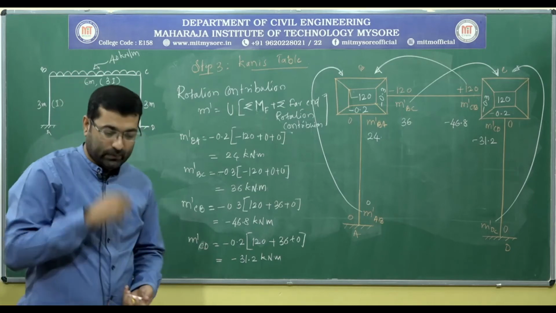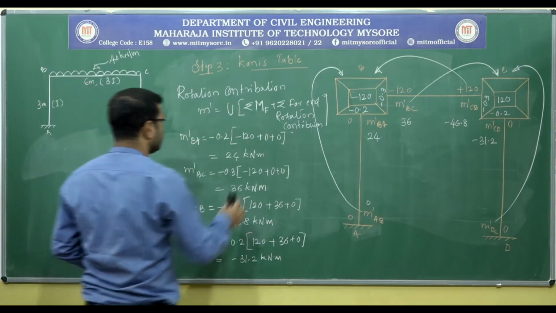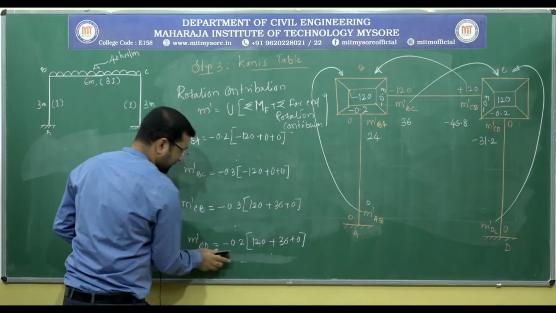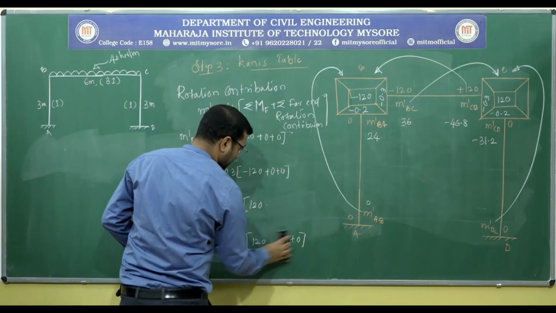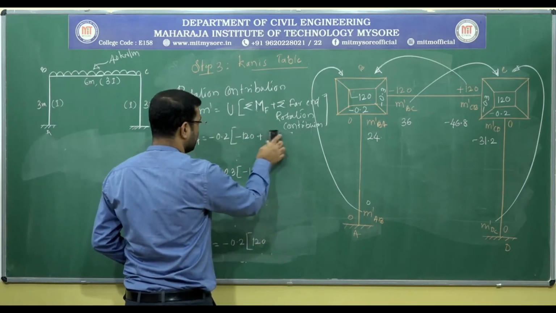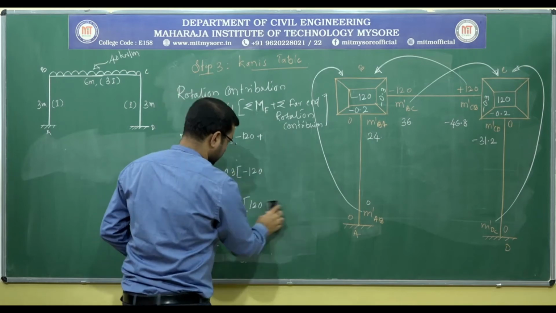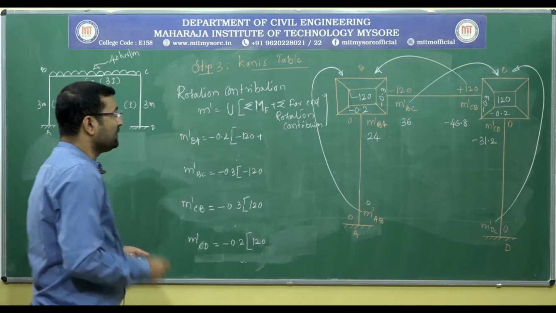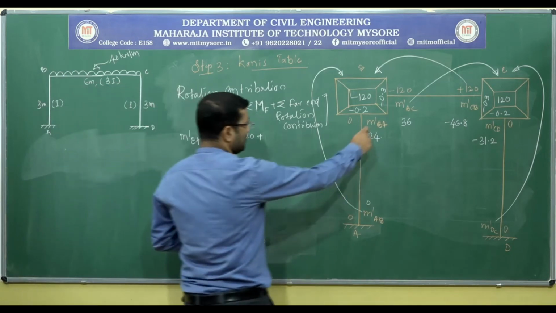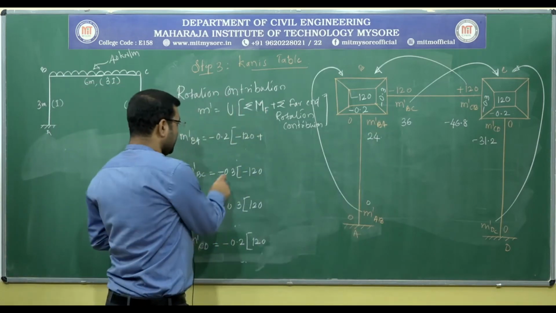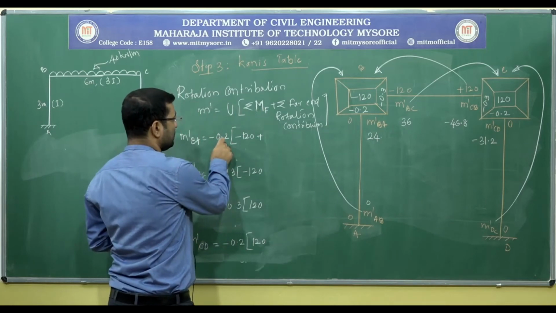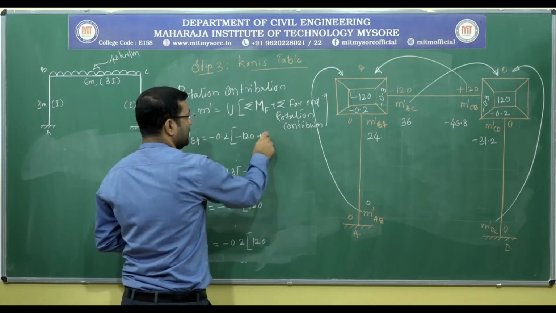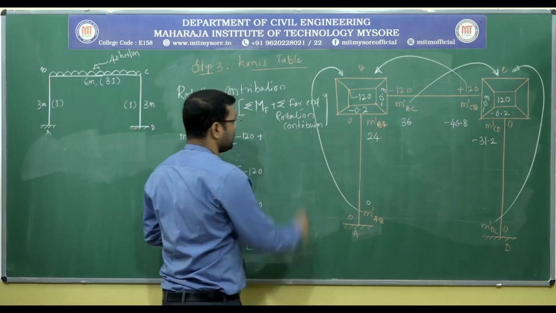Let me go with the second cycle, where, as we know, there is only a change in the far end rotation contributions. The remaining will remain as it is. For the calculation of m dash BA, it is the rotation factor, minus 0.2, into minus 120, the algebraic sum of fixed end moments, plus the far end rotation contributions.